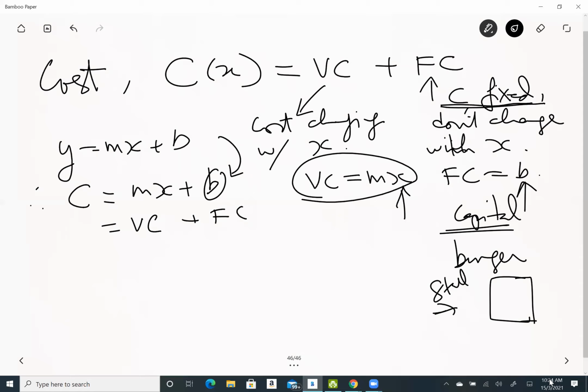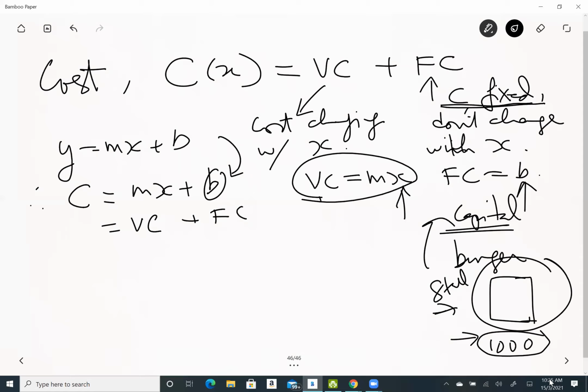So the stall is your capital. Now this doesn't change. If you buy it at 1,000 ringgit, whether you don't produce any burger or you produce 1,000 burgers, you still incur that cost. So that is a fixed cost.